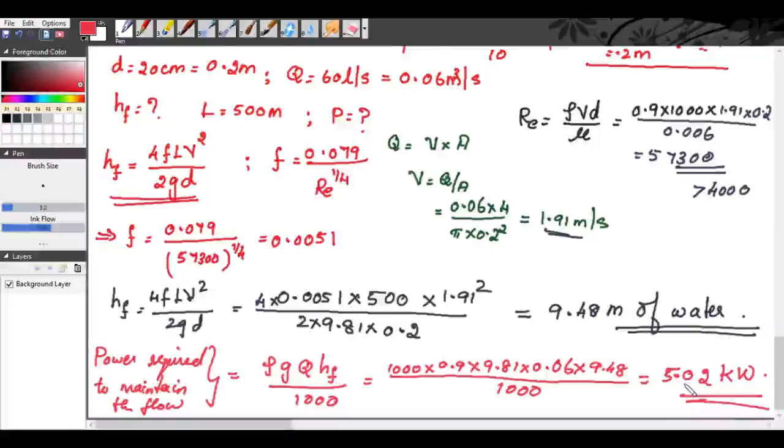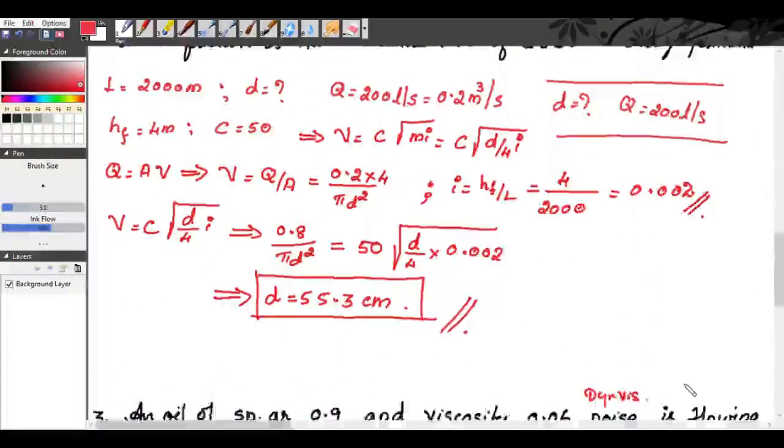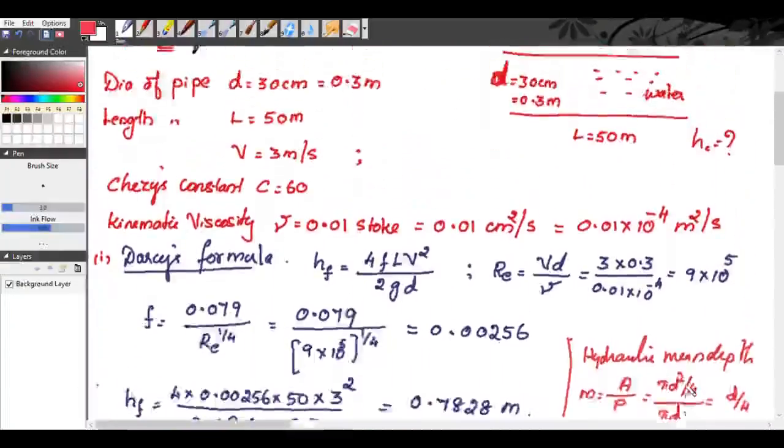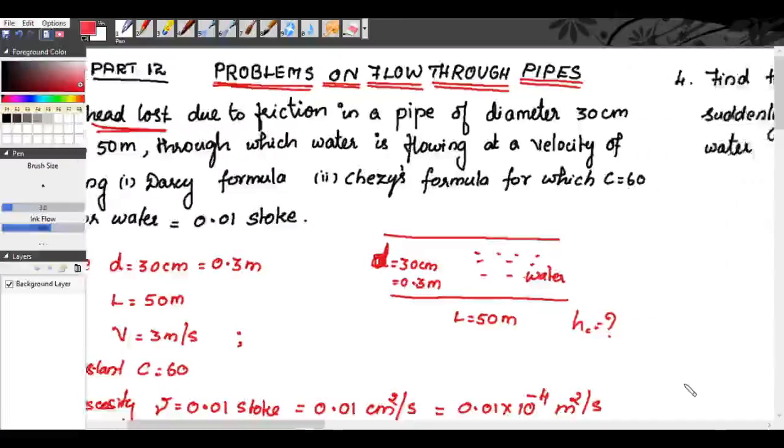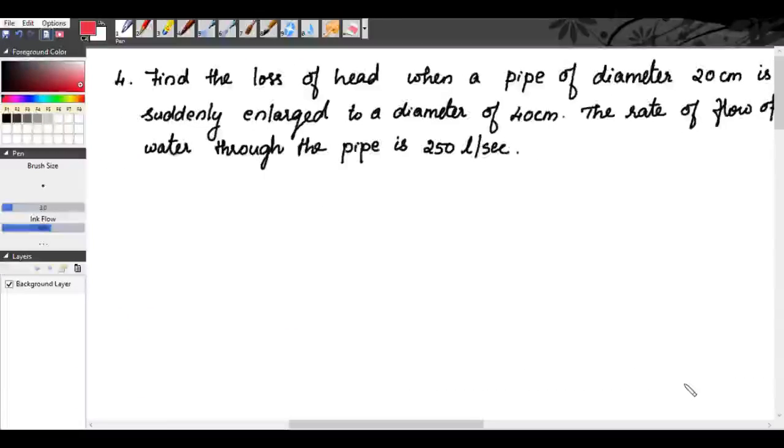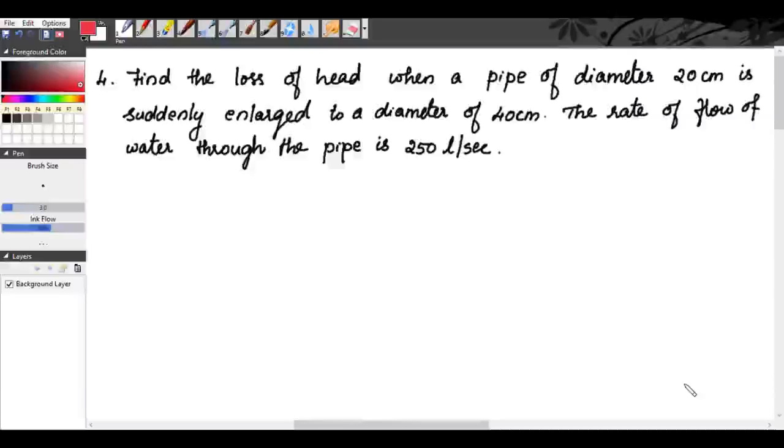We will move on to the next problem, the fourth problem. Find the loss of head when a pipe of diameter 20 centimeter is suddenly enlarged to a diameter of 40 centimeter. The rate of flow of water through the pipe is 250 liters per second.